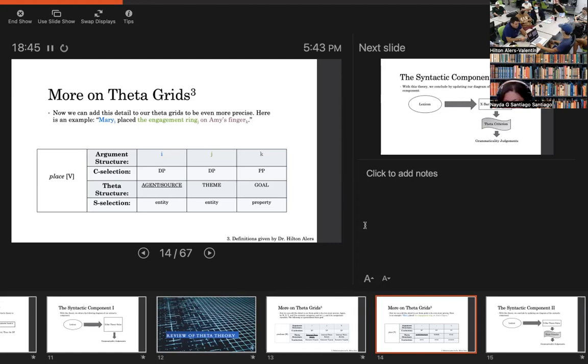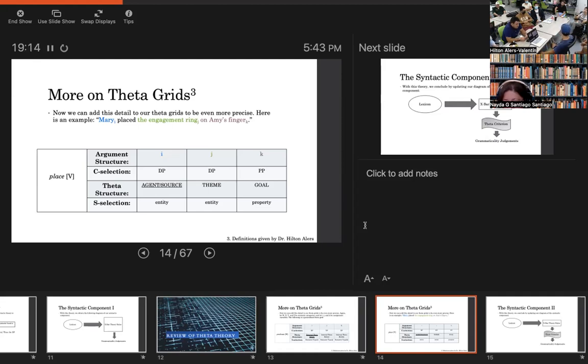But if you say "Mary placed it there," that's okay, because that third argument could be an adverbial phrase or a prepositional phrase. In this case, the verb needs three arguments, be them realized as full phrases or pronouns or whatever.